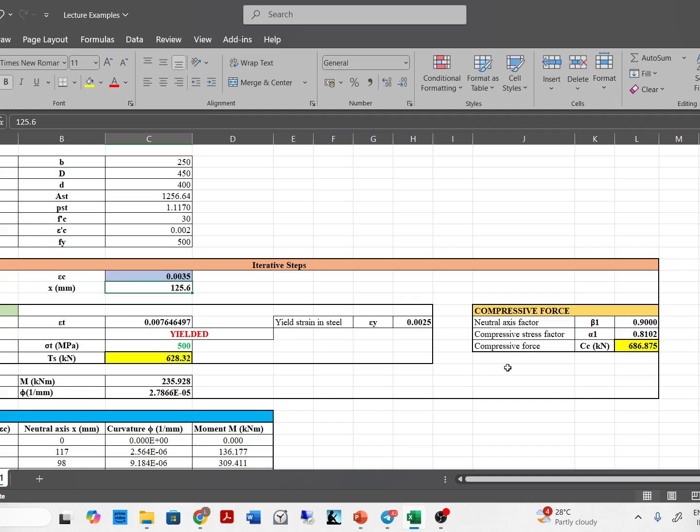So we see that the value of C is higher than the Ts. We need to decrease the value of x, and corresponding to x of 114.8, we're able to balance the compressive force with the tensile force.